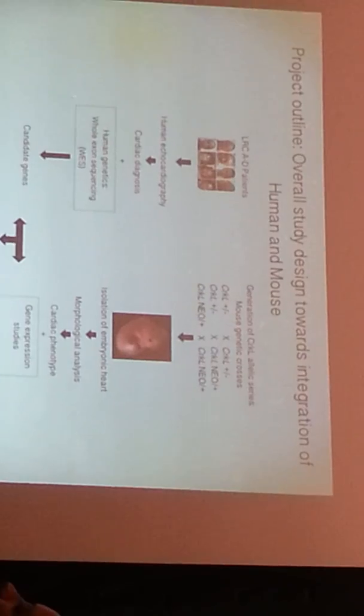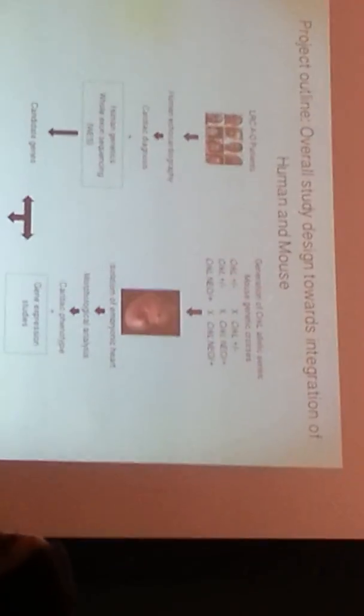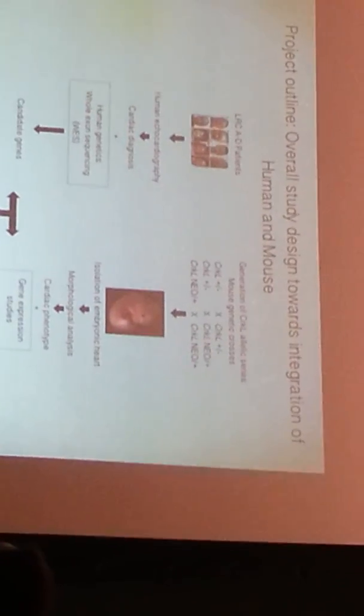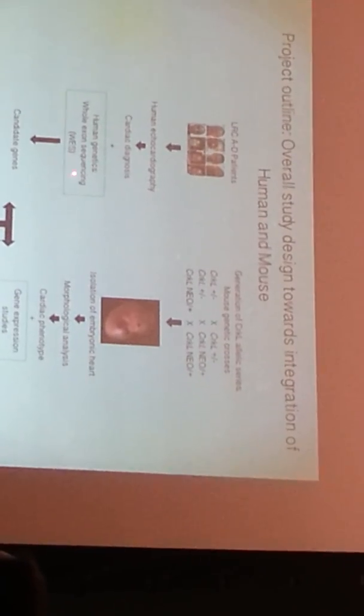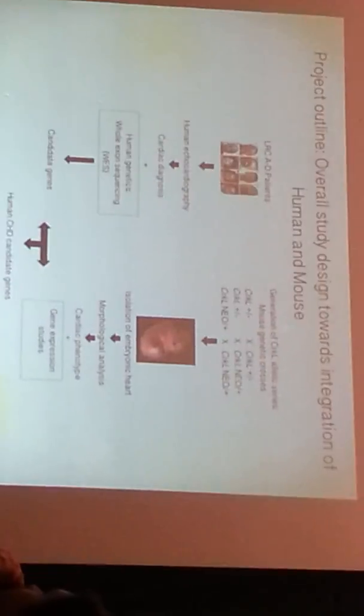We have echocardiography from patients. We have a cardiac diagnosis, and with these DNA samples, we can run genetic techniques as well. In this case, it was whole exome sequencing, and from here we get candidate genes.